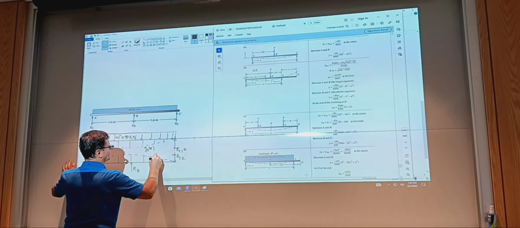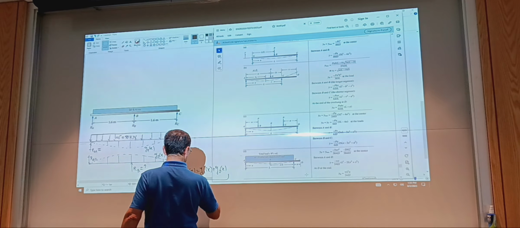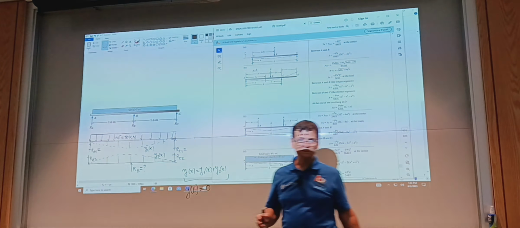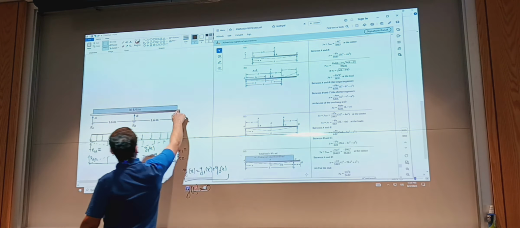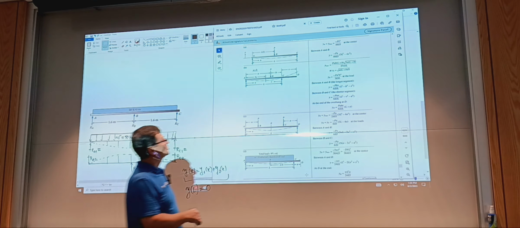I can also use this to say that, for this carrying an unknown RB, y of x at x equals L equals 0. Does it make sense? So you start with this cantilever, it deflects, and you keep on increasing this force until you reduce this deflection at B to 0. Does it make sense? Is it clear what I'm explaining? Okay. So we can try this.